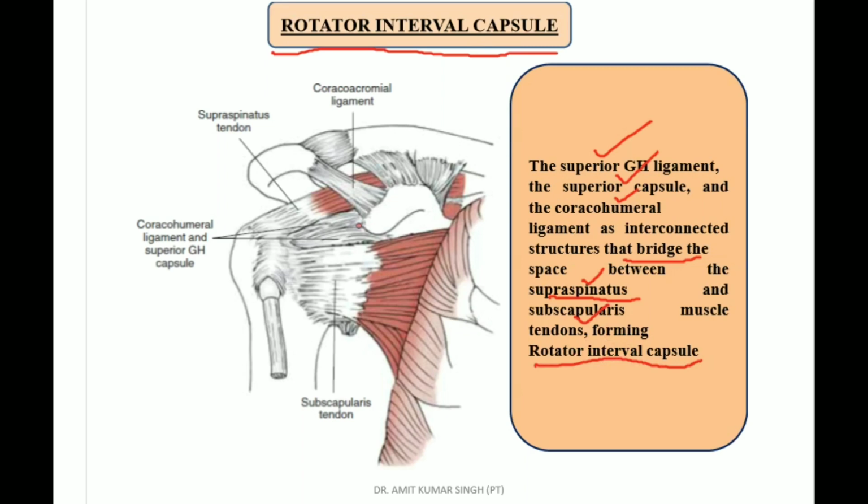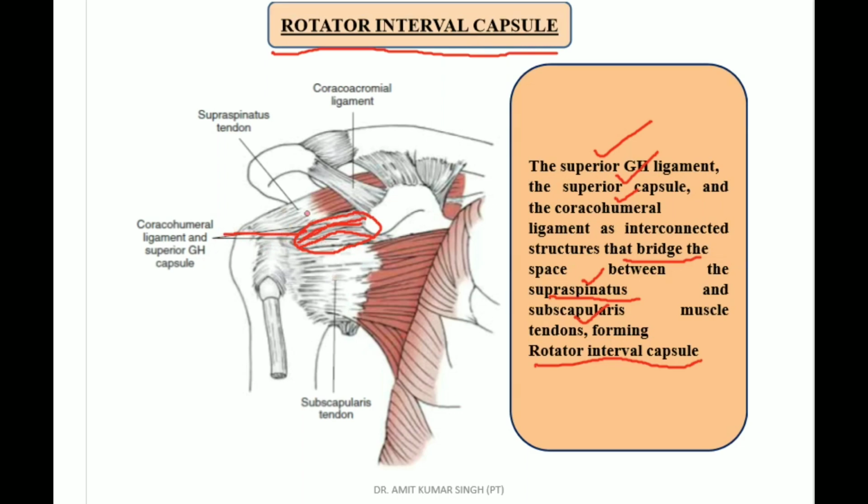So if you see here in the diagram, here is our coracohumeral ligament, then we have our superior glenohumeral capsule and ligament. Collectively, in this area you can see the coracohumeral ligament, superior glenohumeral capsule, and even the superior glenohumeral ligament, all interconnected to each other and present in between.